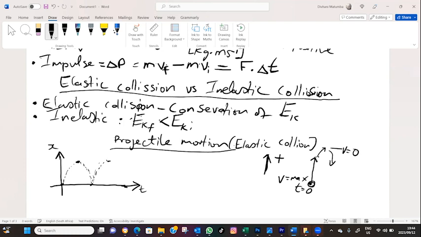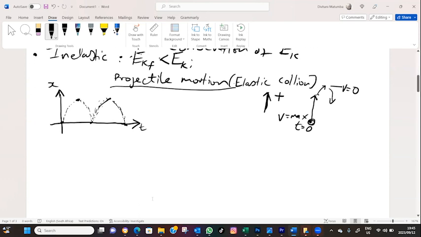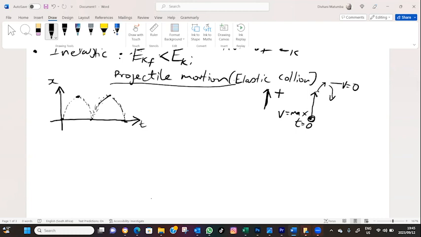So on the second round, it will do the same thing and then come back. All right. Now that is the displacement time graph.